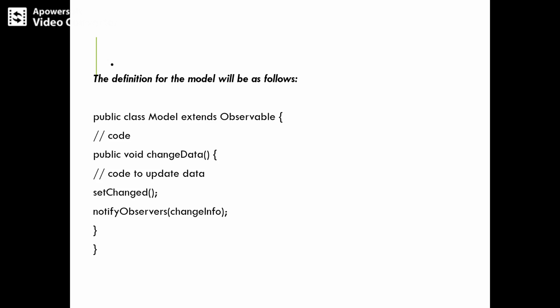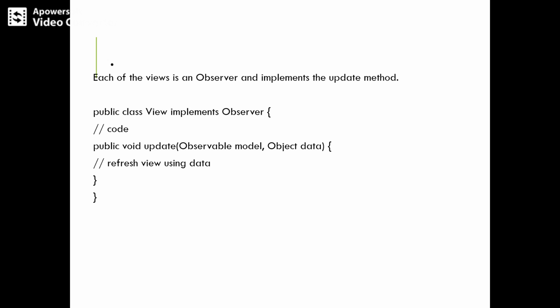So here each of the views is an observer and implements the update method. Here public class View implements Observer, again with the code public void update(Observable model, Object data), which refreshes the views using certain data.